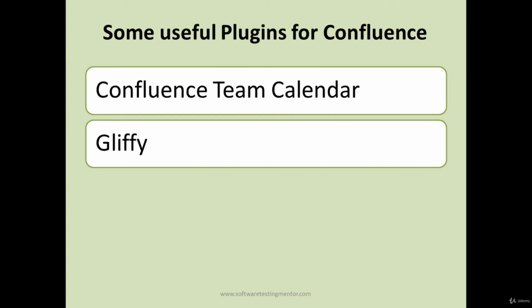Gliffy is also available as a plugin for Confluence. You can just install that plugin in Confluence and get the power of Gliffy to create different UML diagrams or flowcharts in the Confluence pages itself. For example, if you are preparing a tutorial in Confluence for your team, you can create a network diagram or flowchart in that page itself using the Gliffy plugin.